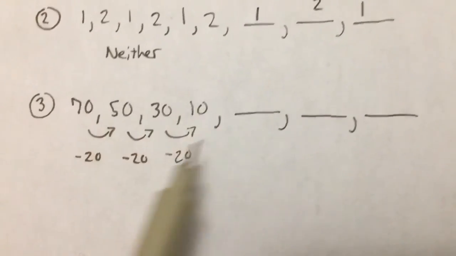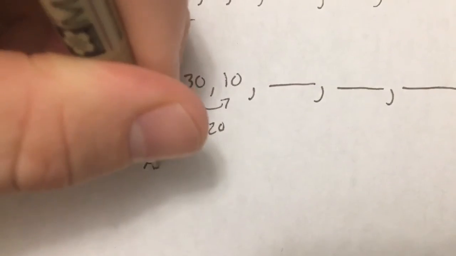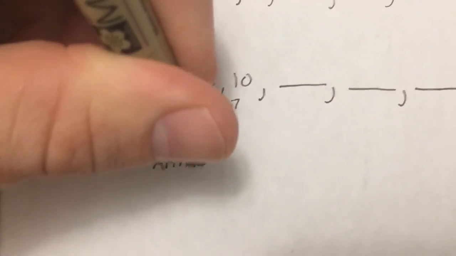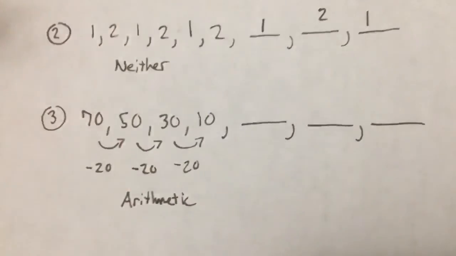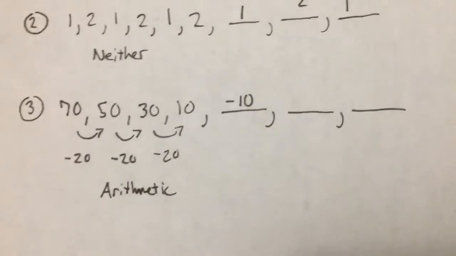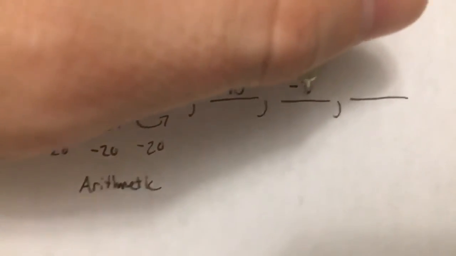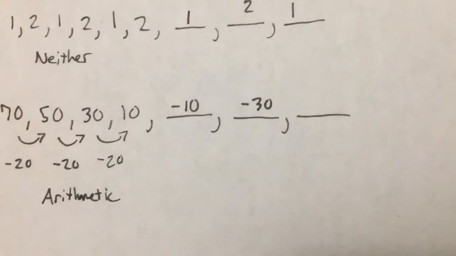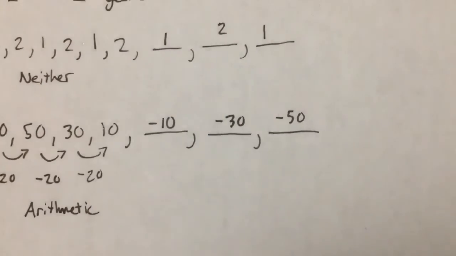Oh, and again, since we're adding a fixed number, this is an example of, you guessed it, an arithmetic sequence. So 10 plus -20 would give us -10. Then -10 plus -20 would give us -30. And then -30 plus -20 would give us -50.